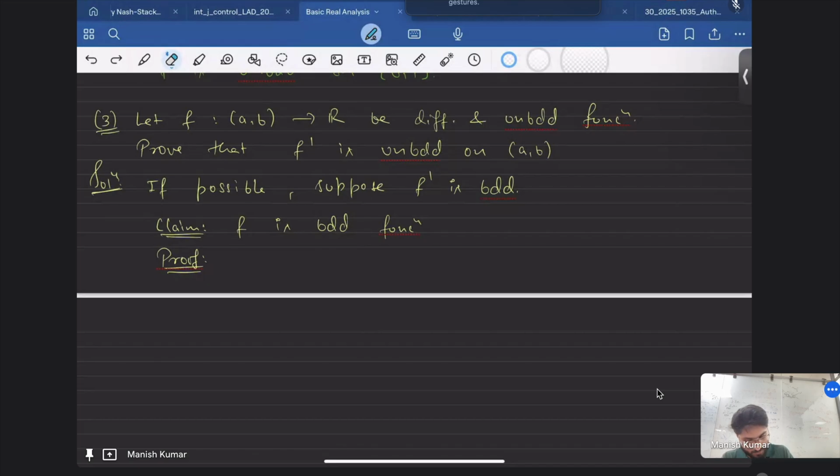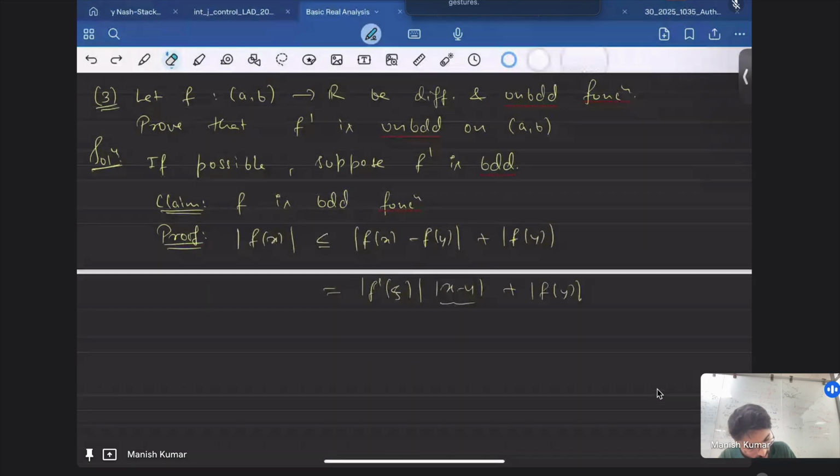Since I just want to deal with boundedness, let me fix y. Let y belonging to (a, b) be any fixed element.